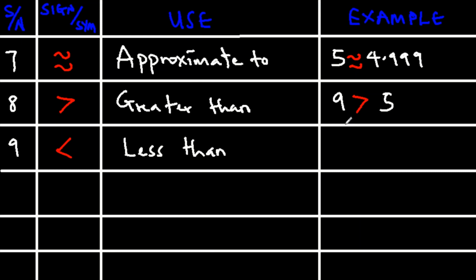For example, let's say we want to compare the numbers 5 and 8. We can say that 5 is less than 8, because 5 is less than 8. So we use this symbol to denote less than.